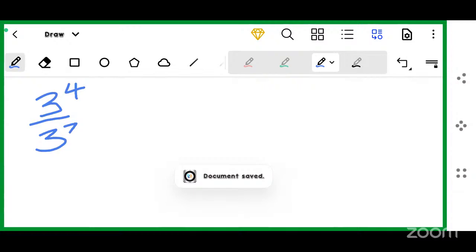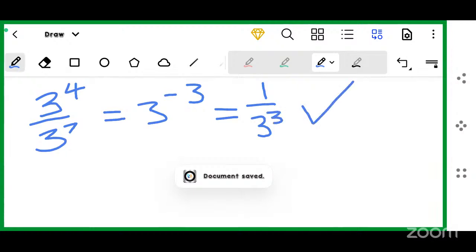Ma'am, I got 3 to the power of -3. -3. And what was your final answer? 1 over 3 to the power of 3. Okay, correct.